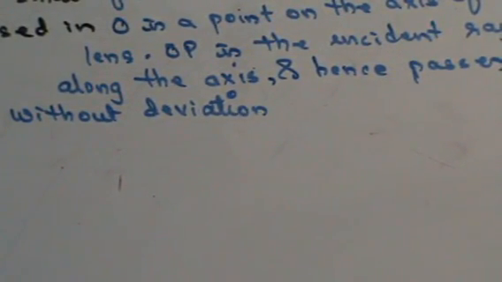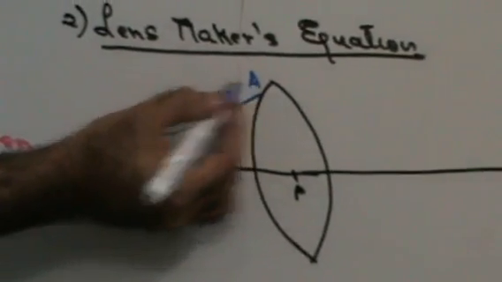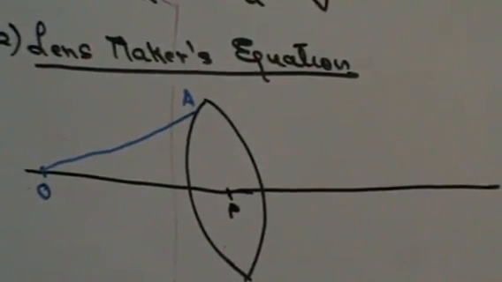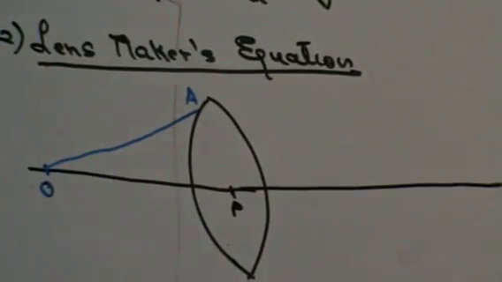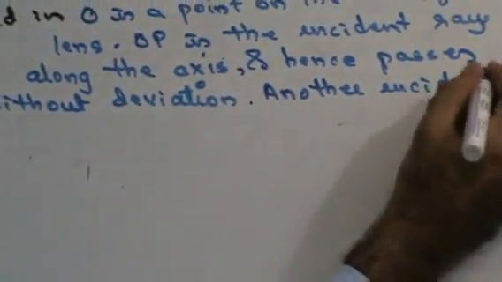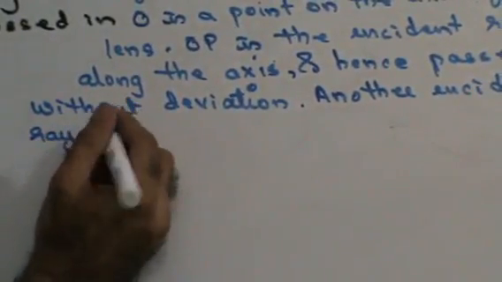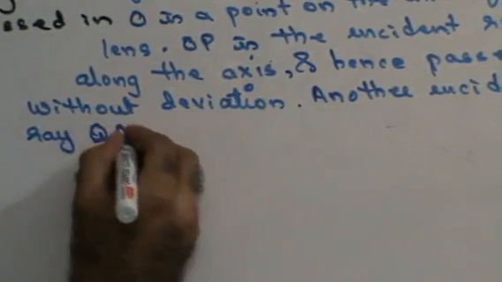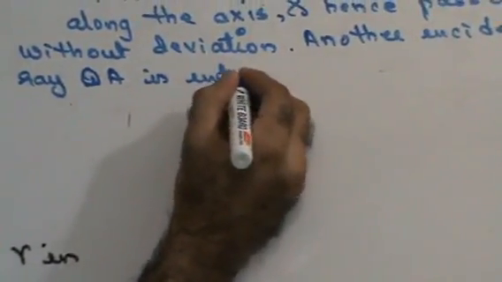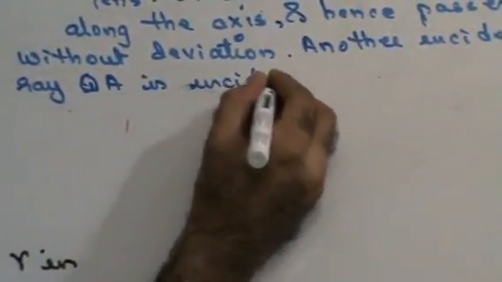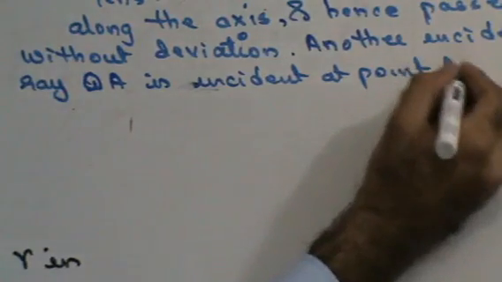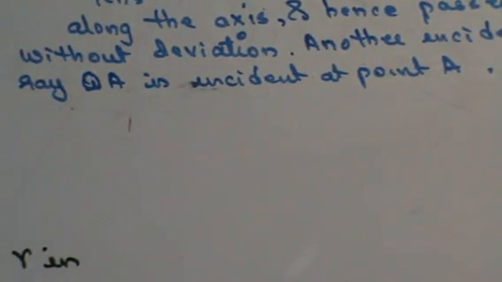Now let's consider another incident ray OA, guys. Let's assume that another incident ray OA is incident at point A and will be refracted along AB.